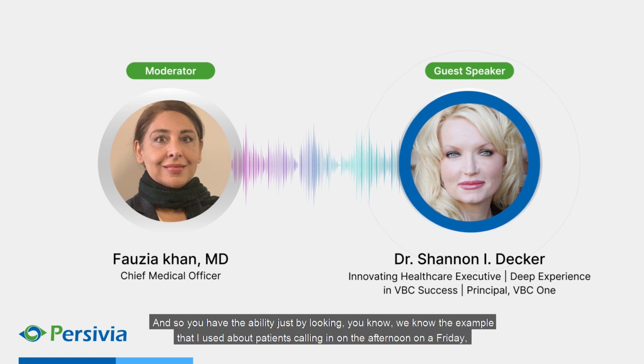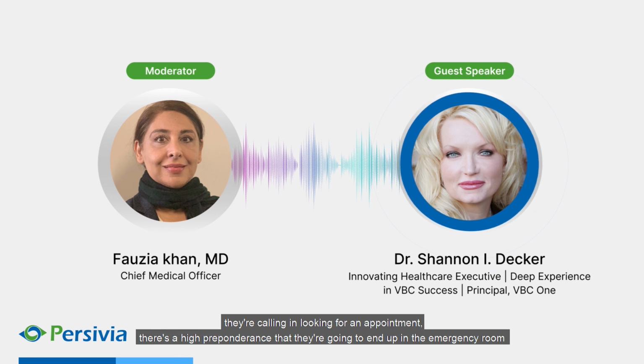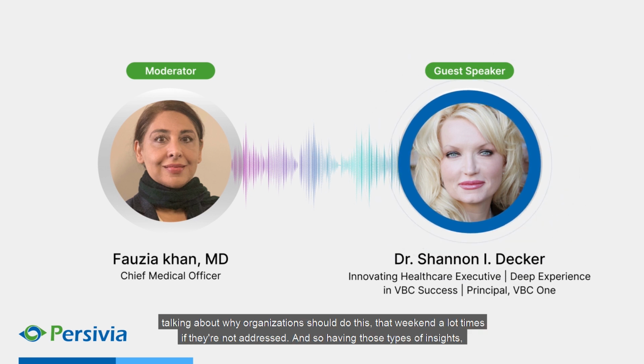And so you have the ability, just by looking, we know the example that I used about patients calling in on the afternoon on a Friday looking for an appointment. There's a high preponderance that they're going to end up in the emergency room that weekend a lot of times if they're not addressed.